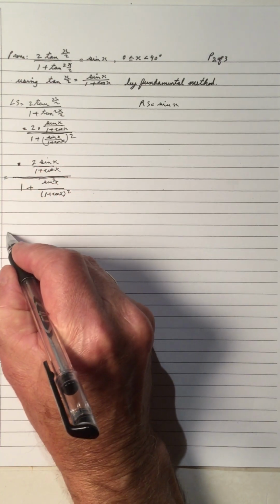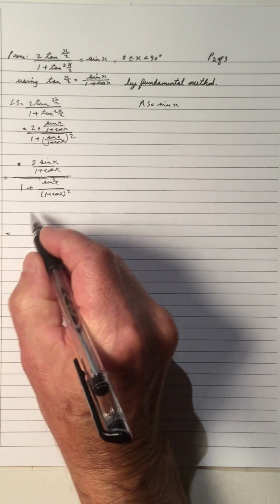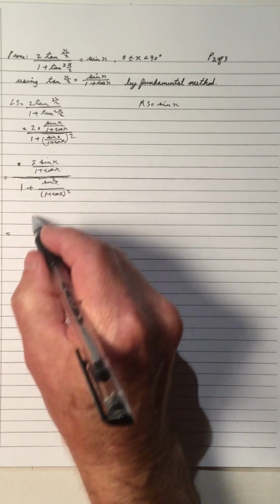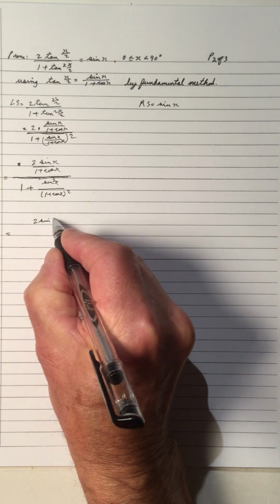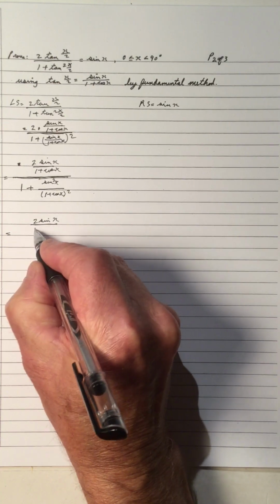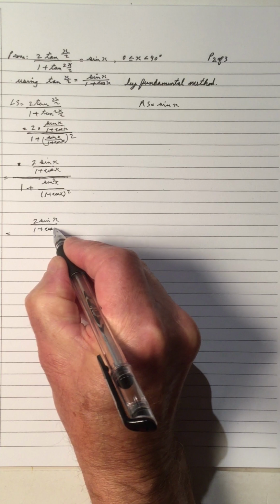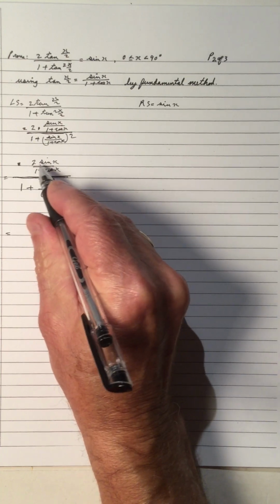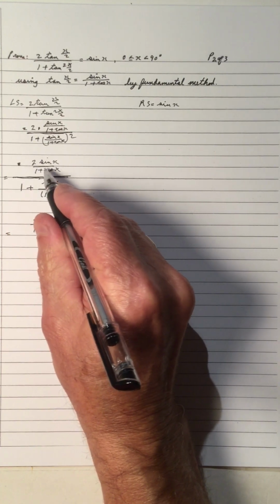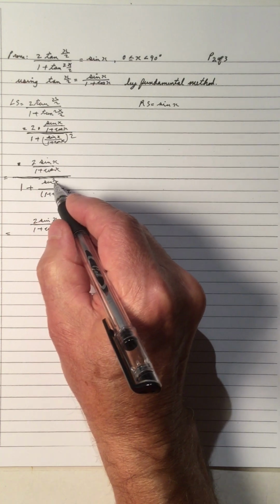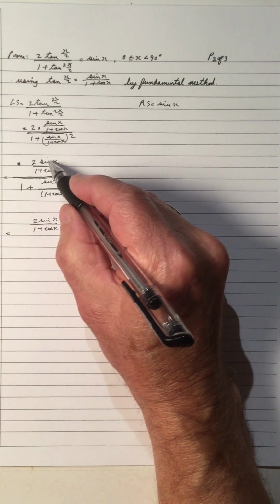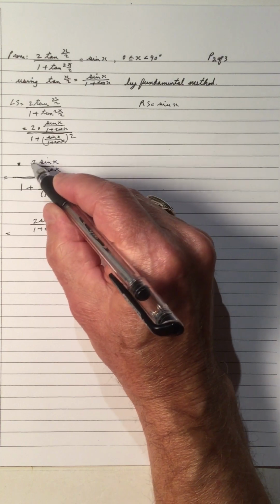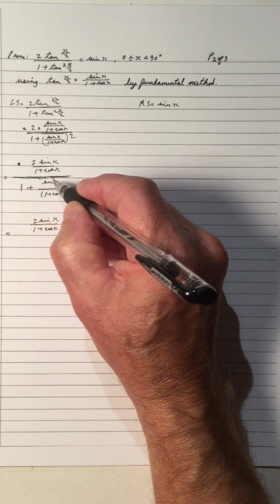To continue, the top is already simplified, so that's 2 sine x all over 1 plus cos x. When I say the top of the fraction, that's the numerator. So let's simplify the denominator. Remember, the fundamental method is to simplify the numerator to 1 fraction and the denominator to 1 fraction.